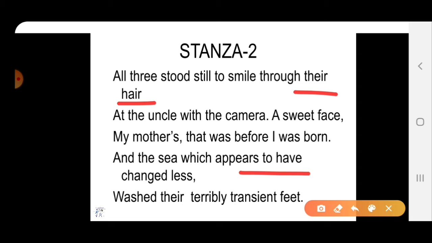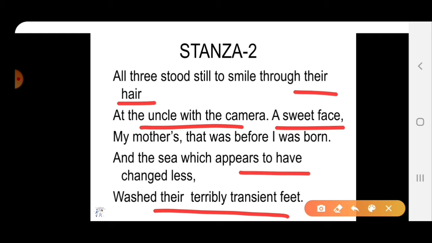Her mother's uncle took the photograph and told them to stop and pause. All three of them left their wet hair open and smiled at the camera. The poet's attention is drawn towards her mother's face, which is described here as a sweet face. Right? The poet calls their feet terribly transient.